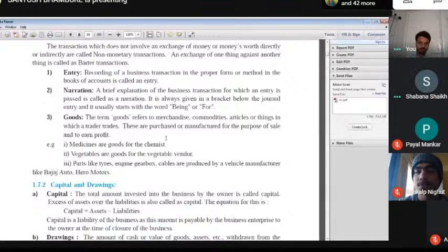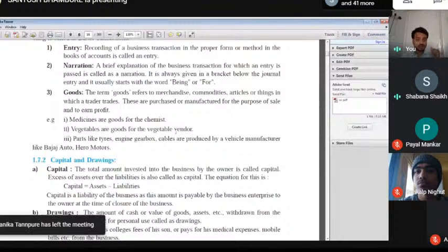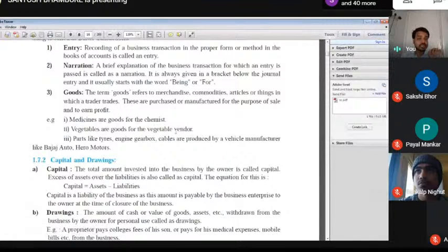Okay, so ignore that part, come to our point. Our next point is goods. The term goods refers to the merchandise, commodities, articles or things in which a trader trades. Remember, goods, commodities, articles and things all have the same meaning.